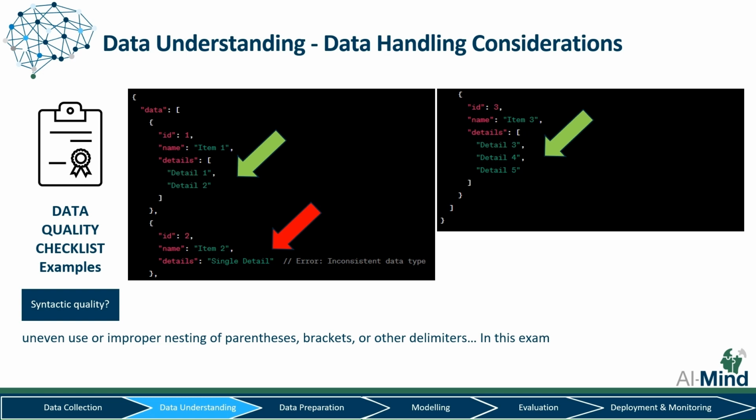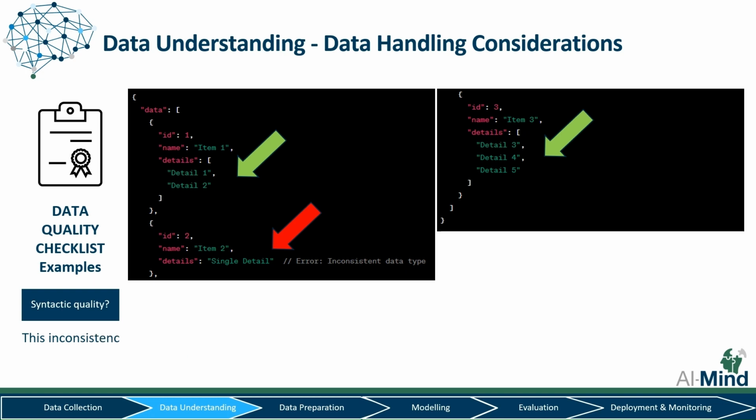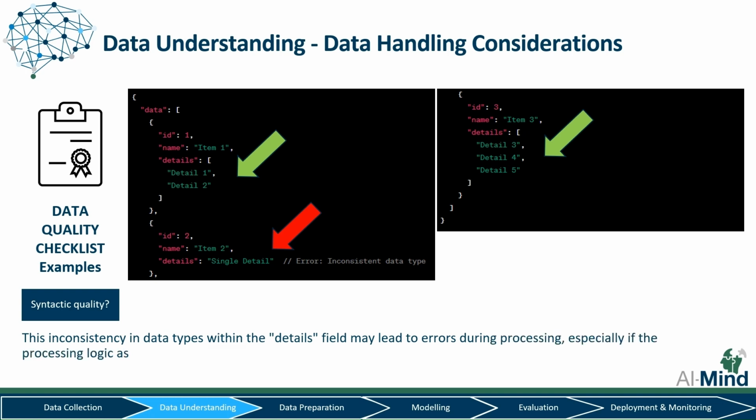In this example, the details field in the second item of the data array contains a string, single detail, instead of an array. This inconsistency in data types within the details field may lead to errors during processing, especially if the processing logic assumes that details is always an array.